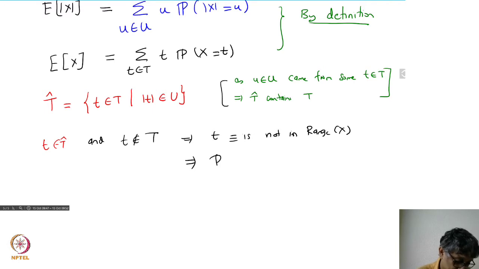The crucial thing is it would imply that the probability X equal to T would have to be 0, because X distributes all its probabilities on its range. So anybody outside its range takes probability 0.